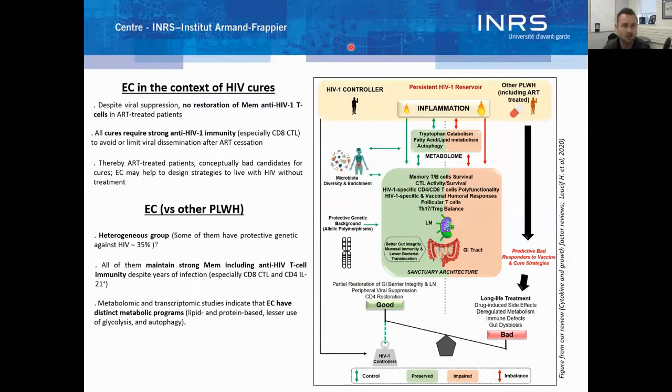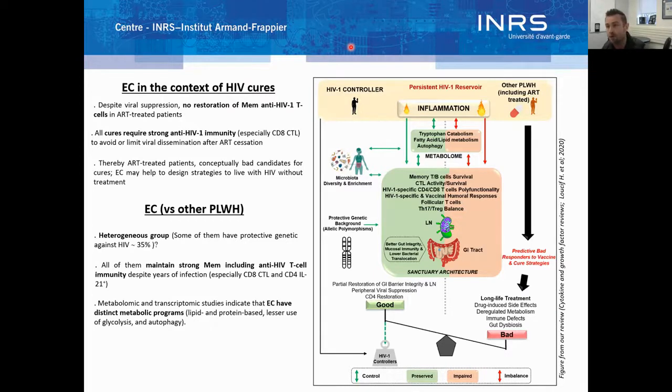Okay, so why are elite controllers so important in the context of an HIV cure? As was said this morning, despite the fact that ART, antiretroviral therapy, is successful in bringing long-term viral suppression, it's absolutely not a cure. Also, those individuals who are under treatment are not able to fully restore their memory and specifically their antiviral HIV T-cell responses.